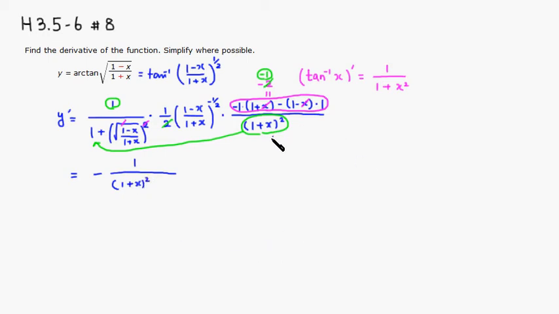And if you distribute that here, you can cancel one of the 1 plus x. Then one of them cancels out, so you're going to have simply plus 1 minus x times another 1 plus x. I'm just going to write that as 1 minus x squared.